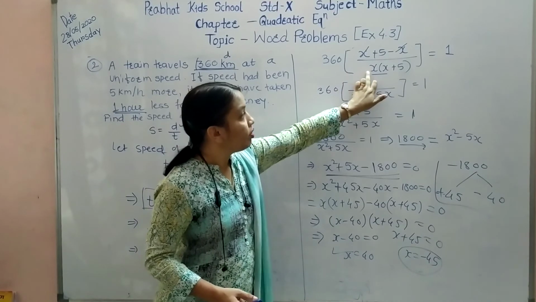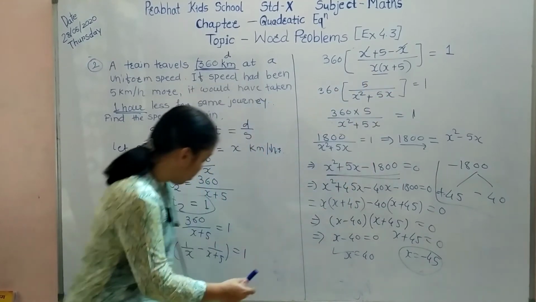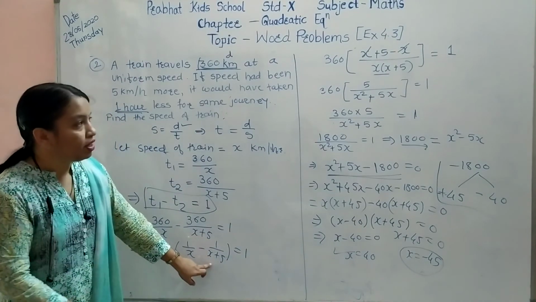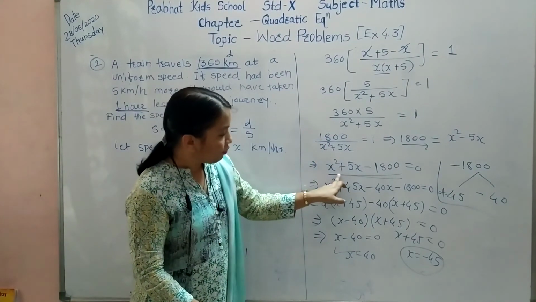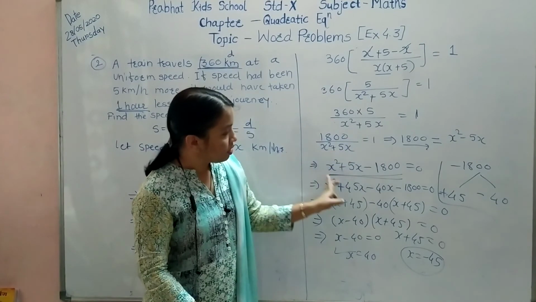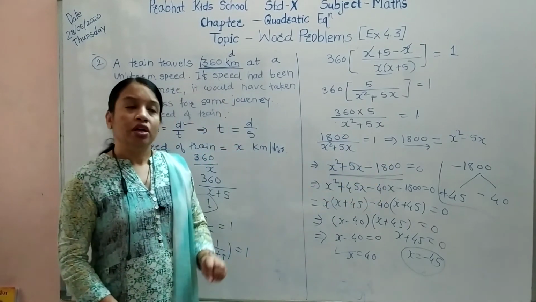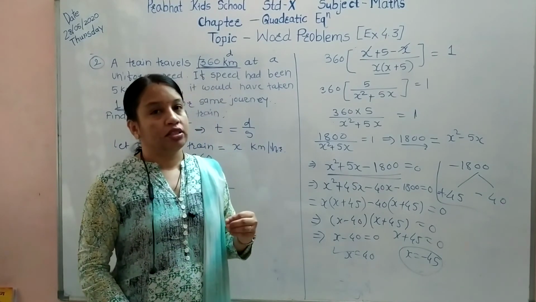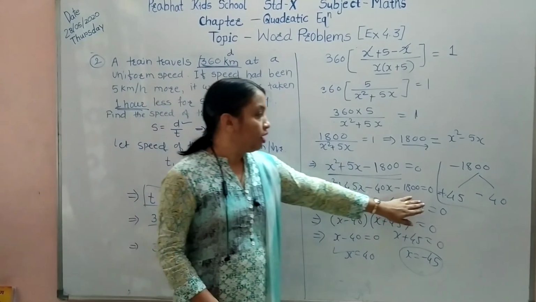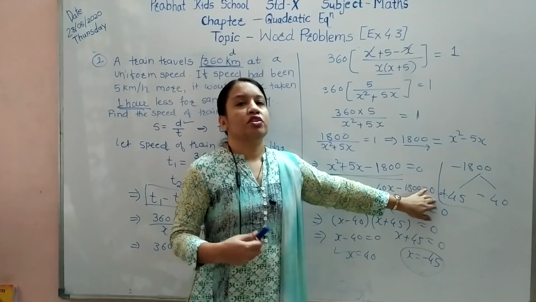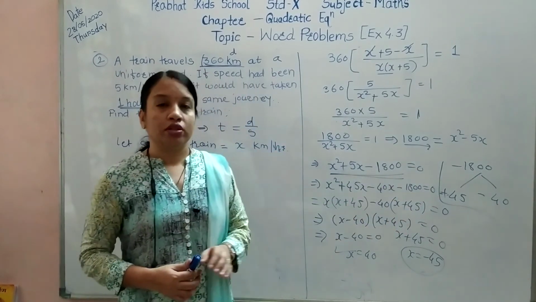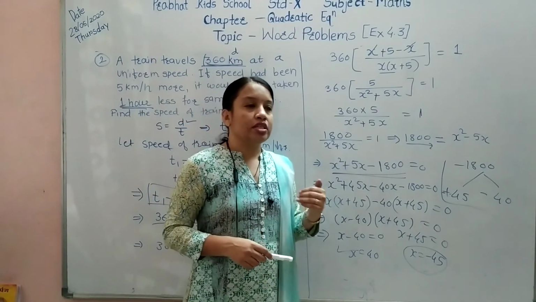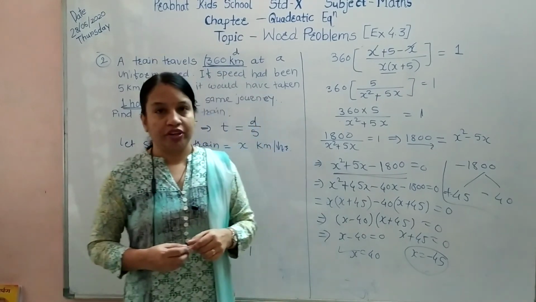Please correct it: the LCM of x and x plus 5 is x into x plus 5. Before solving this quadratic equation, you can use any method which you feel is comfortable for you. Here we generally use the factorization or splitting method for word problems as it is very easy. Okay, we will see some more examples in the next video. Thank you.